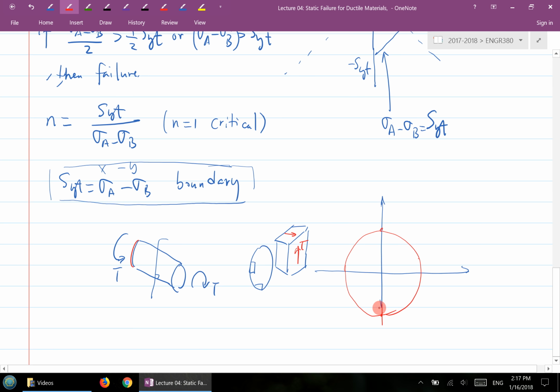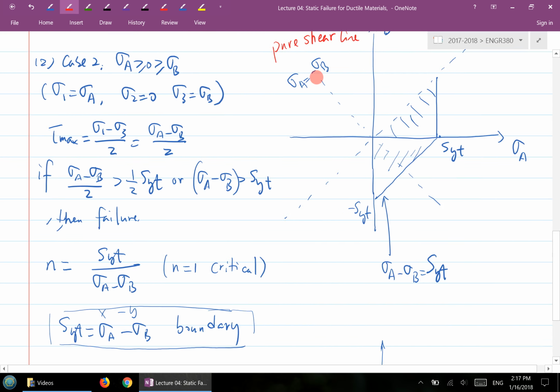This particular circle gives you a sigma A and sigma B. And the connection between sigma A and sigma B here is sigma A equal to negative sigma B. So that's why for this particular line, we call it the pure shear loading line.